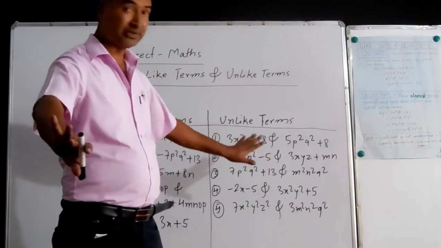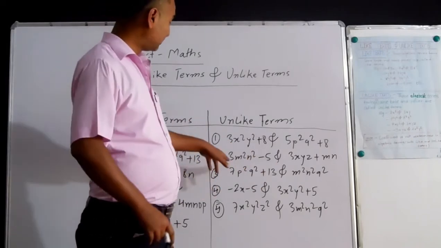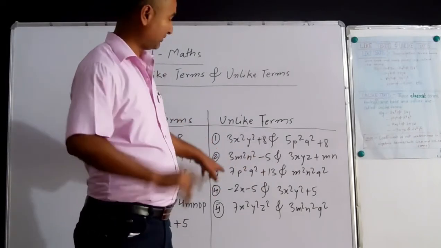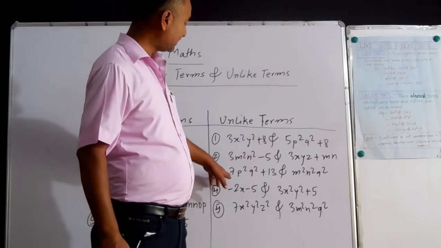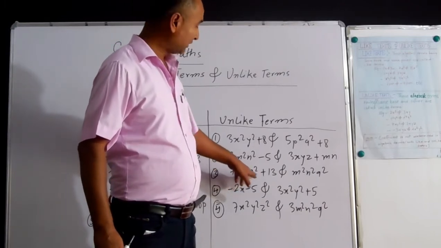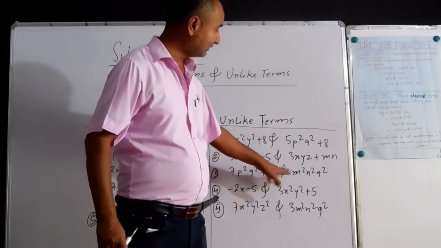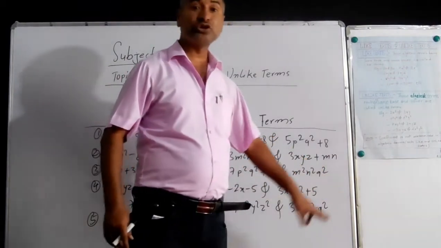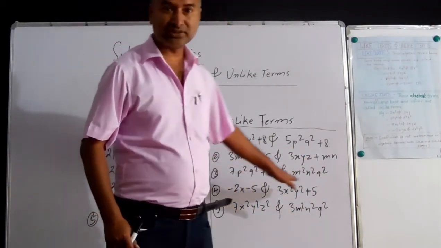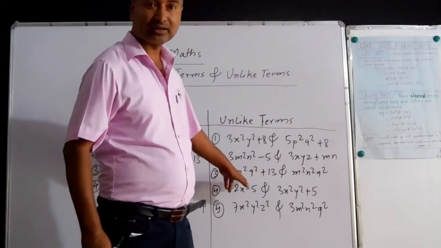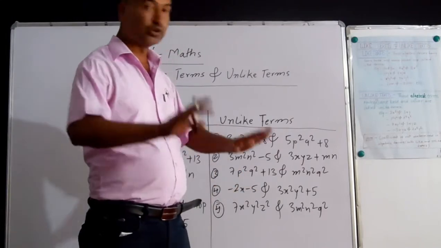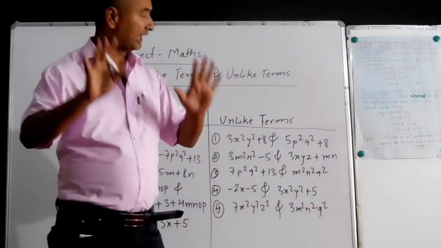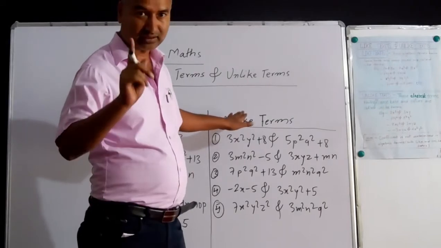That means they are different from each other, so they are called what? Unlike terms. Third one, 7p square q square plus 13 and n square q square. There are no similarities between the algebraic expressions, so they are different from each other and they are unlike terms.